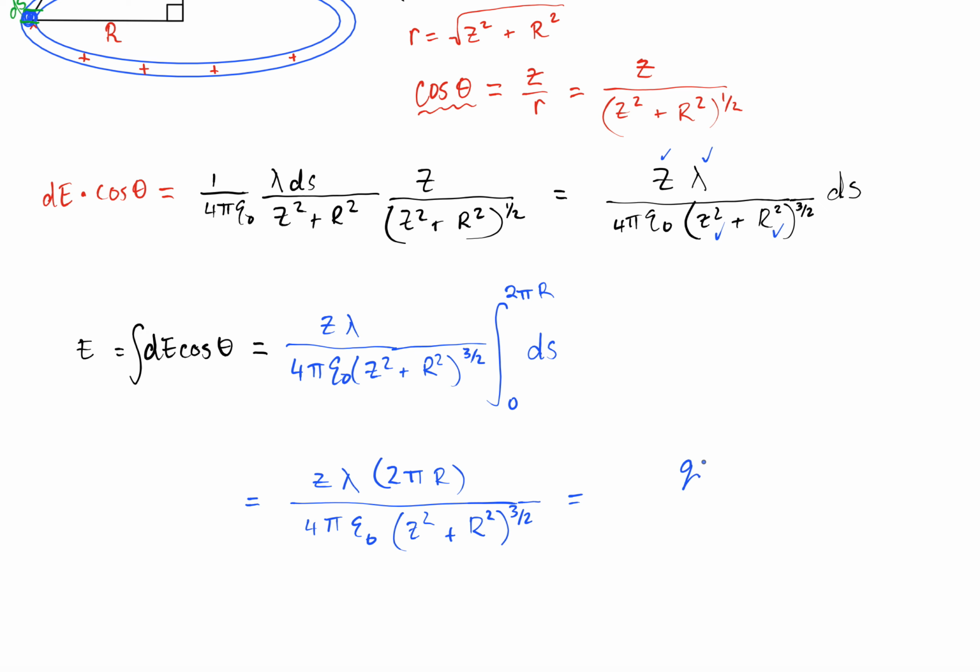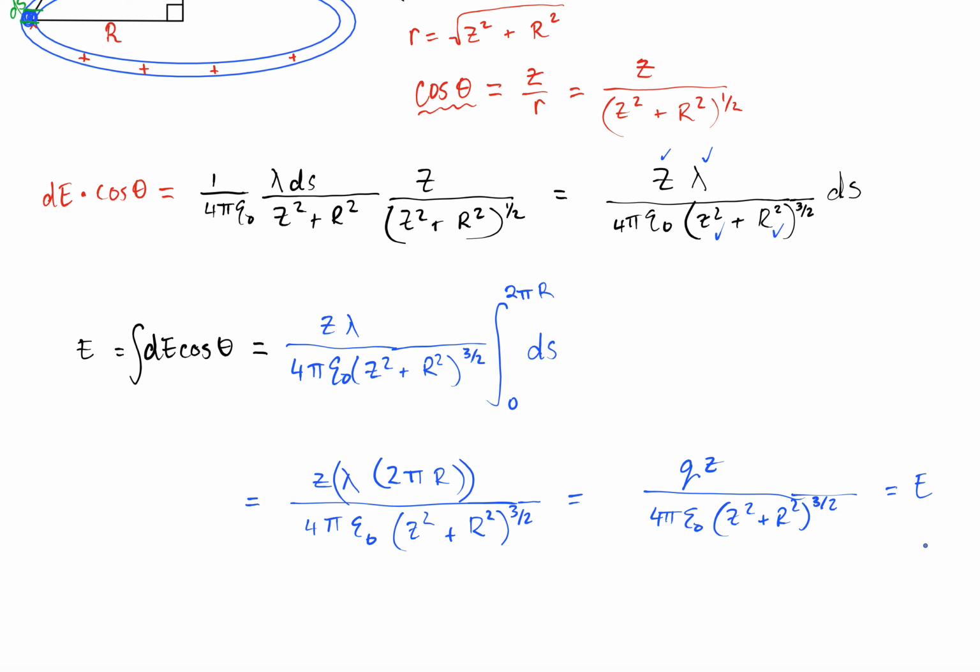So q times z, because this, remember, is lambda times ds, or lambda times the total length, and that is the same thing as the full charge. So go ahead and write this in. And there we have a function that would describe the electric field for a charged ring.